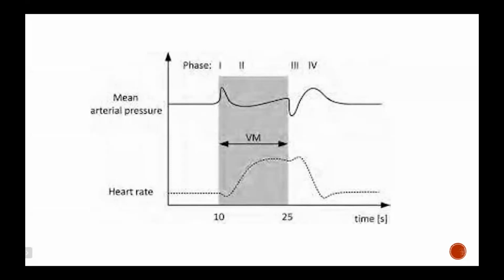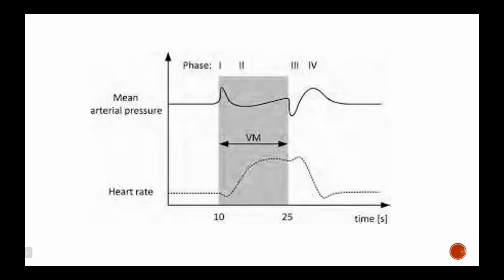Finally, coming to phase 4. Phase 4 is the overshoot phase. Here, all the parameters and conditions will return to the pre-Valsalva levels. All the blood which was pooled in the pulmonary vasculature will now return to the left ventricle, and along with that, because of the sudden fall in blood pressure in phase 3, the baroreceptors will get activated.